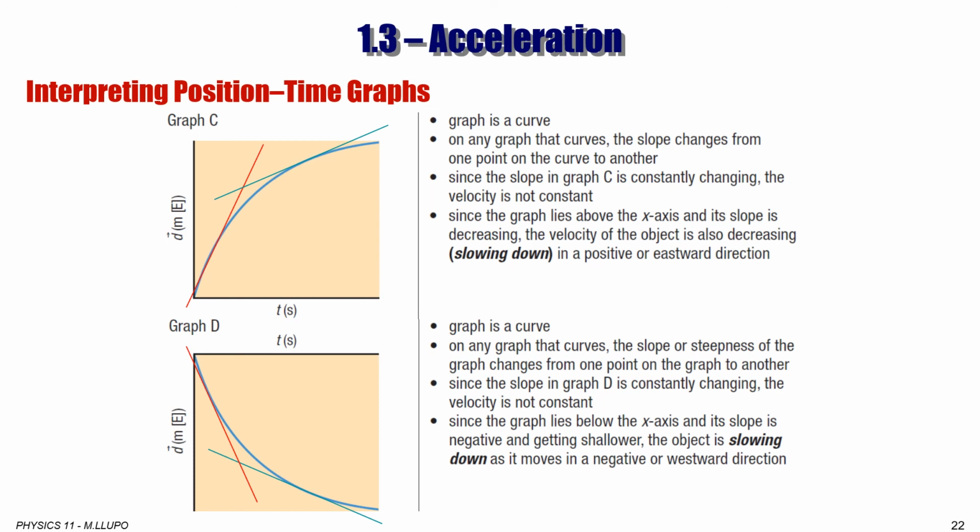This is how you can interpret position-time graphs for velocity and acceleration. By looking at it, you can determine what kind of motion is happening in the graph. And that is section 1.3.